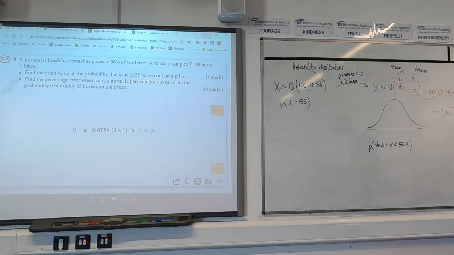So will it let me type? And we're not in inverse. We need to go back to normal cumulative distribution. Does it let me type in the square root? Oh yes, it does let me type in.